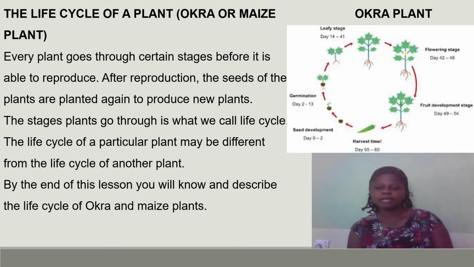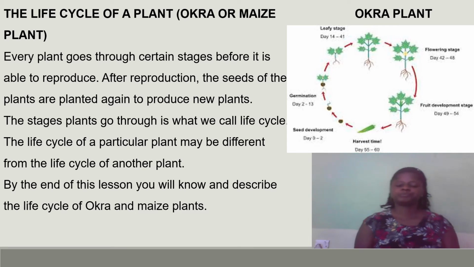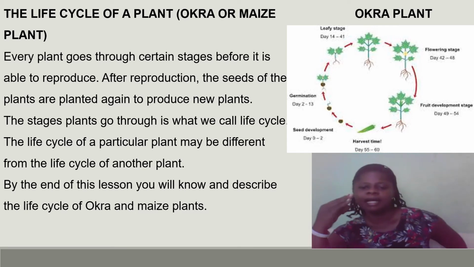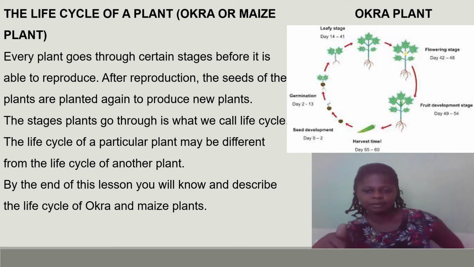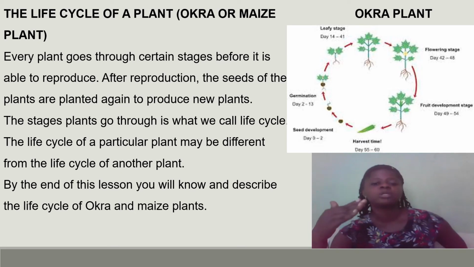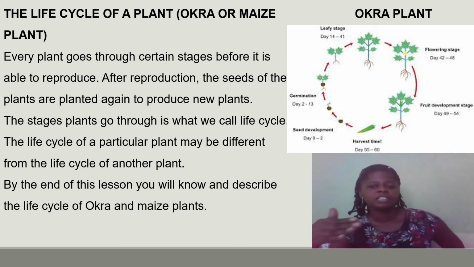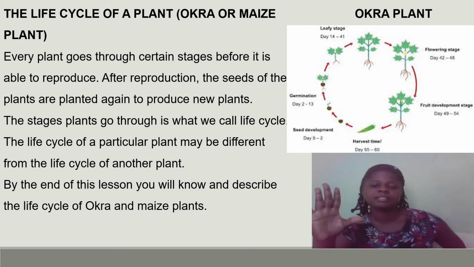If you look at the images there, you realize that the life cycle of an okra starts with the seed development. From the seed development, it goes to the seed germination. It germinates and becomes a small leafy plant.